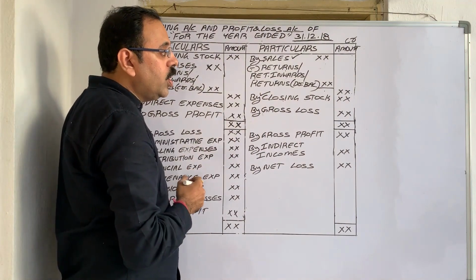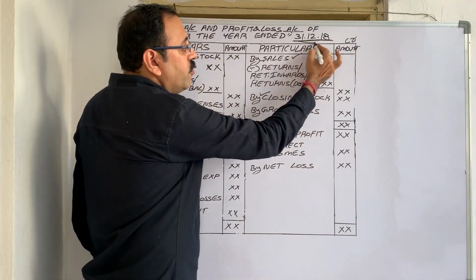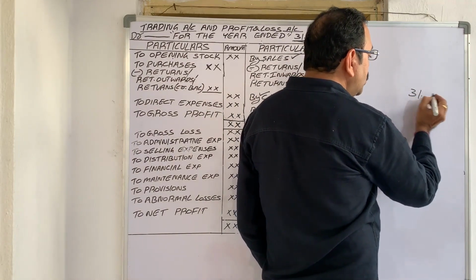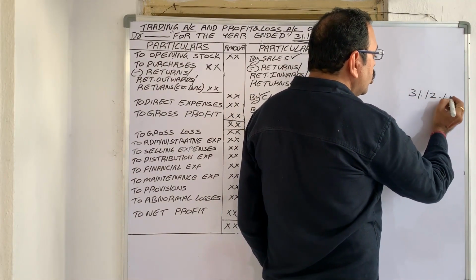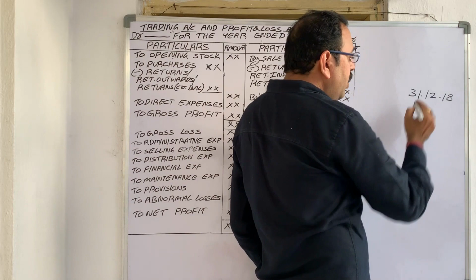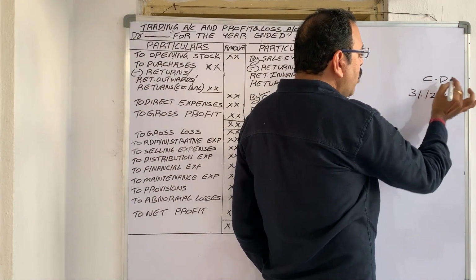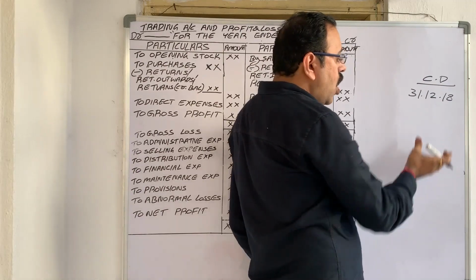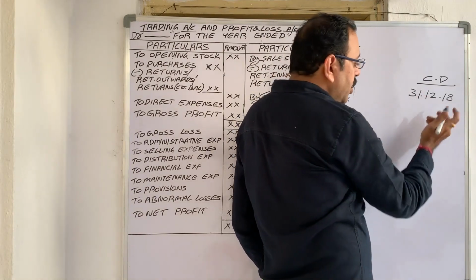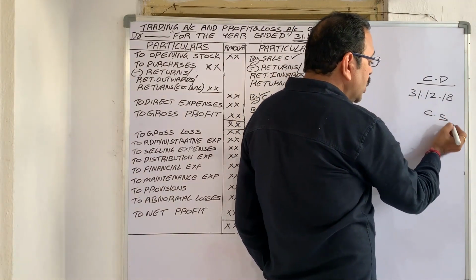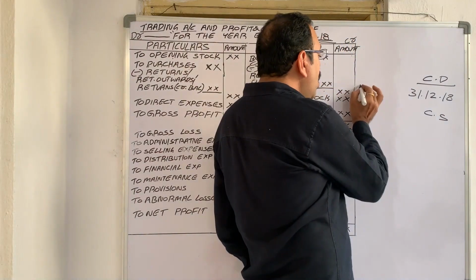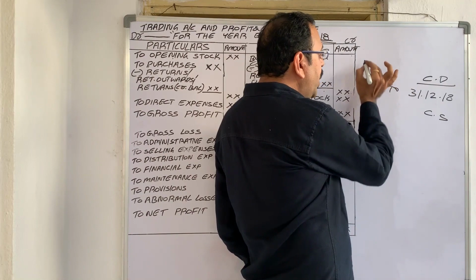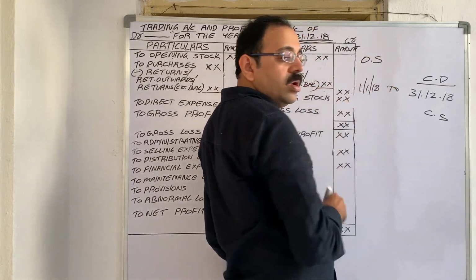Closing stock means what? Observe, when we are preparing final accounts on 31st December 2018, if this is the closing date of the current year, the stock which is left over on that particular date is known as closing stock. So on 1st January 2018, we had some opening stock.